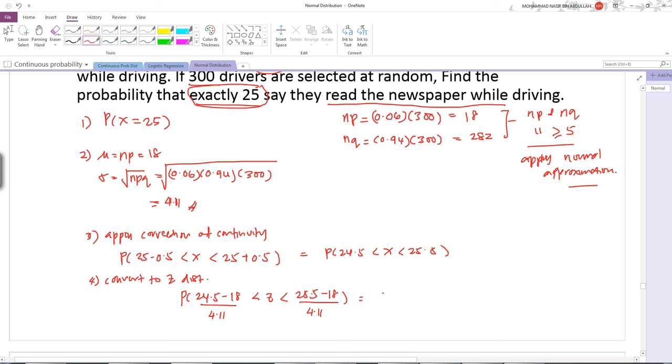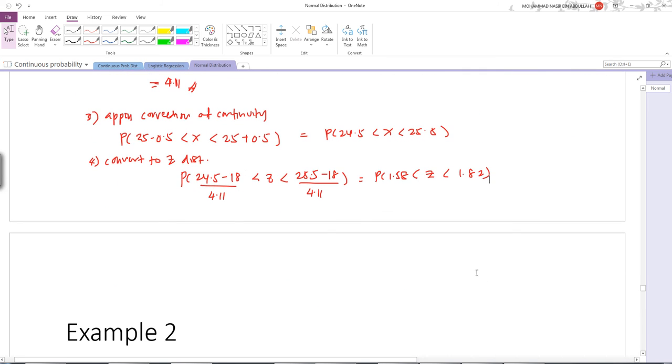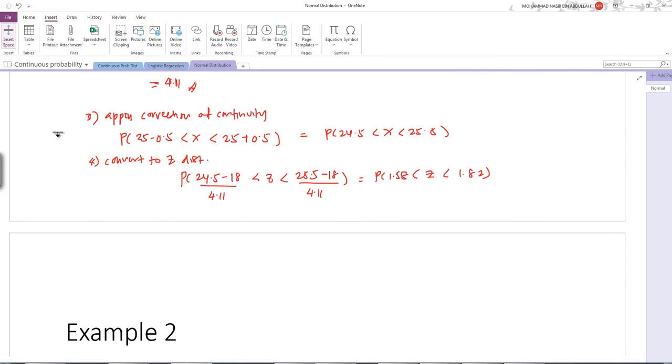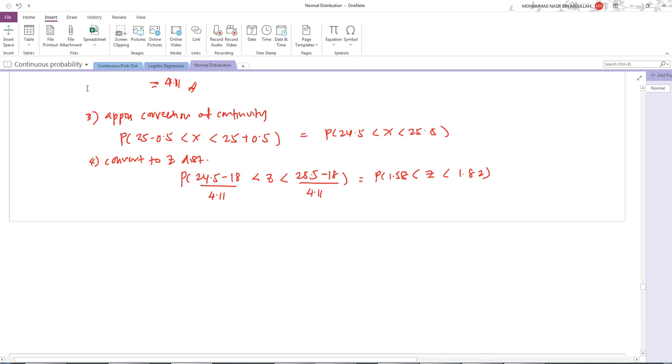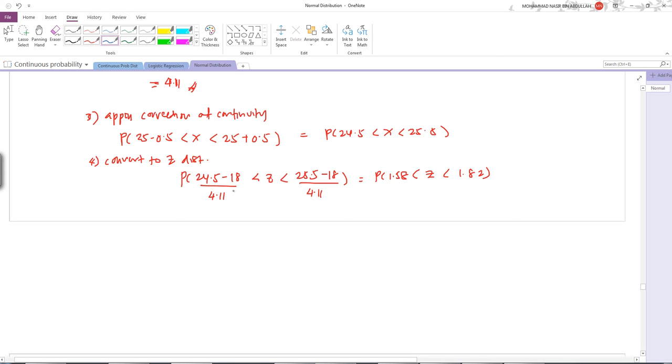So this one should be equal to the probability of 1.58 less than Z less than 1.82.